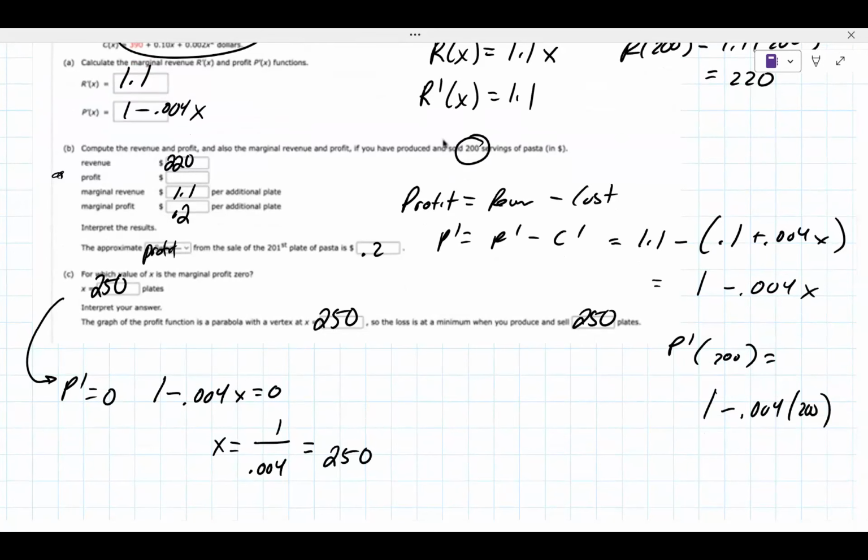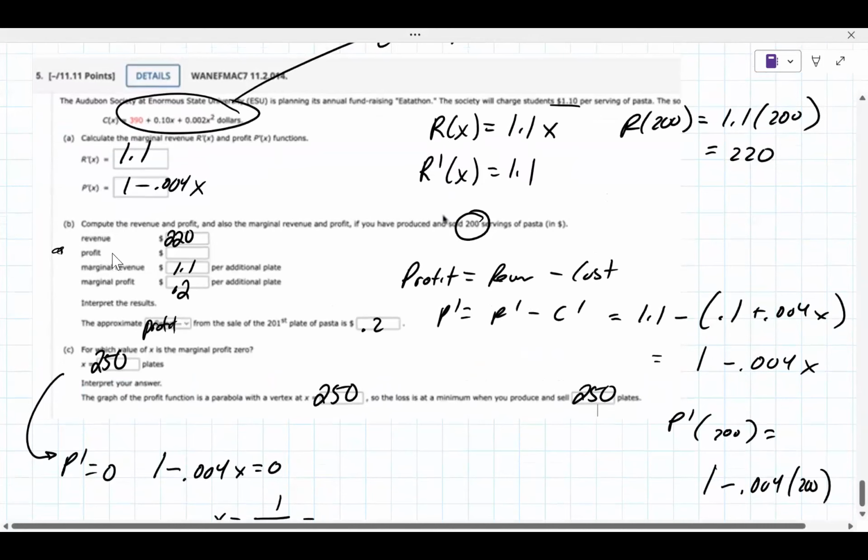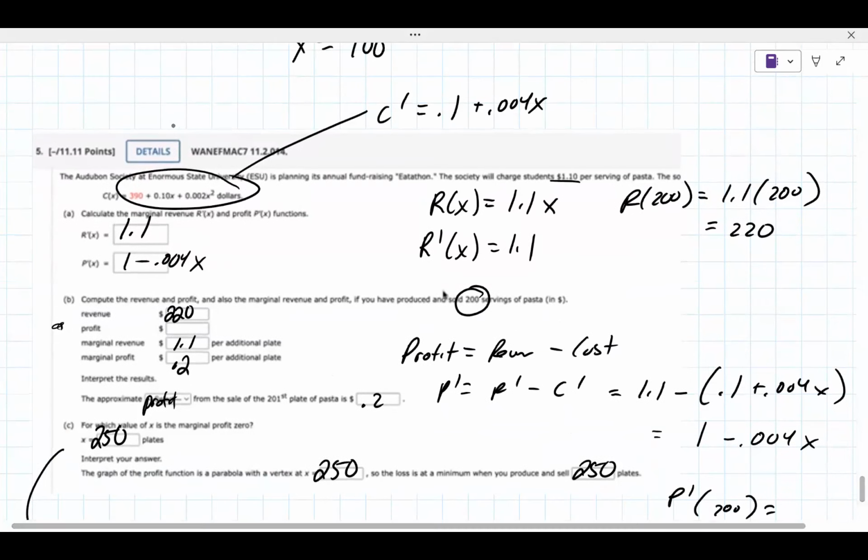Okay, so the last thing to do here is the profit. So profit is the revenue minus the cost. So we need the cost. We need to figure out the cost of 200 items. The cost of 200 items is from putting 200 in for X here.